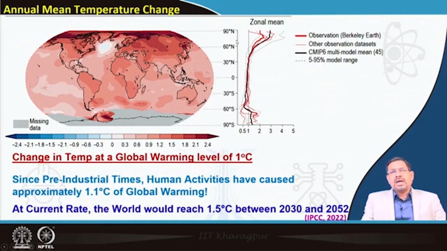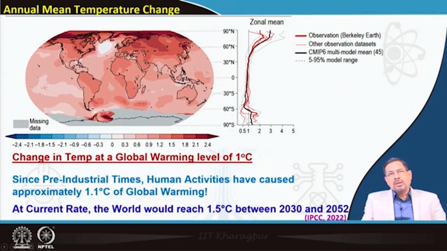On this side you see the latitude bands from southern to northern, and for the zonal mean you can see four curves. The red one is observation by Berkeley Earth, the thin red ones are other observation data sets, and this is the model simulation of CMIP6, with the 5 to 95% model range considered.